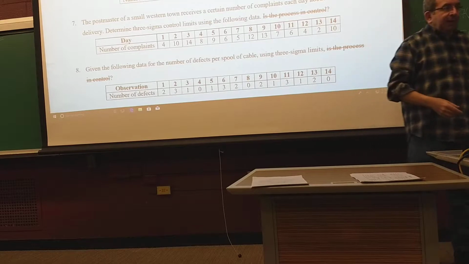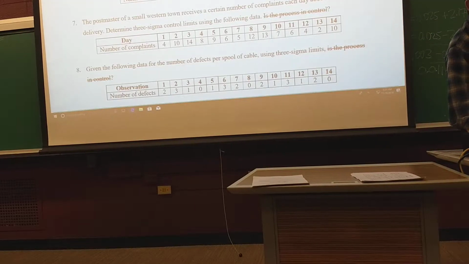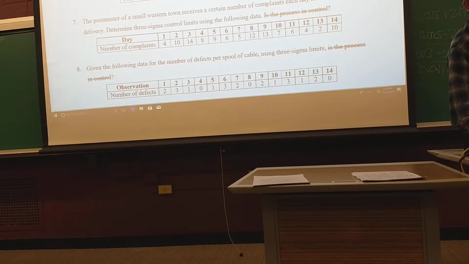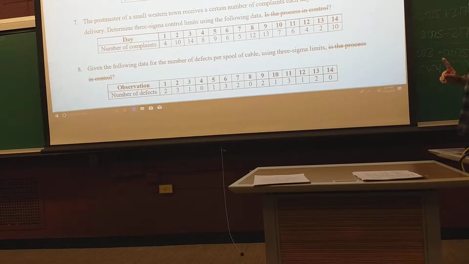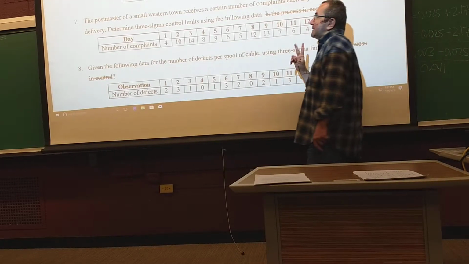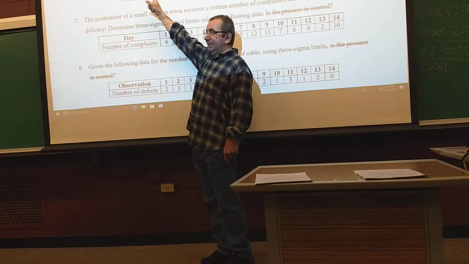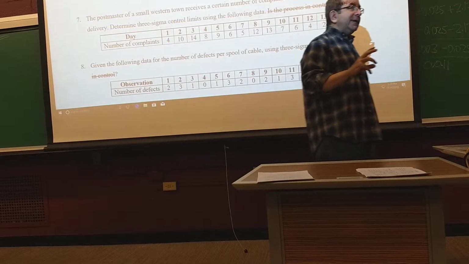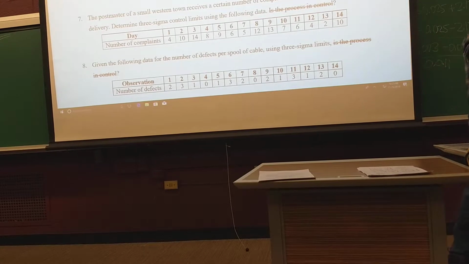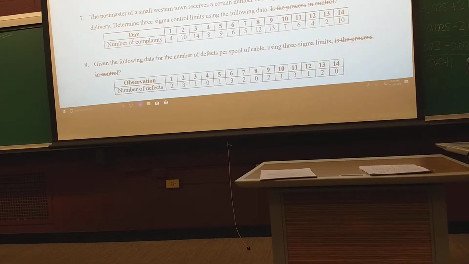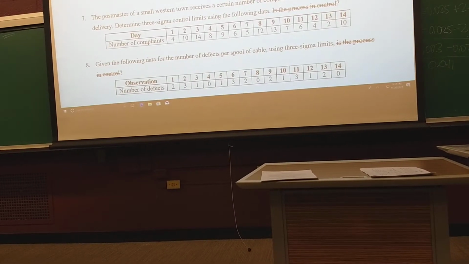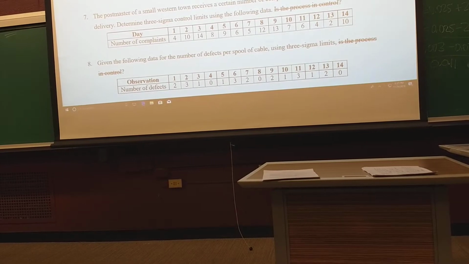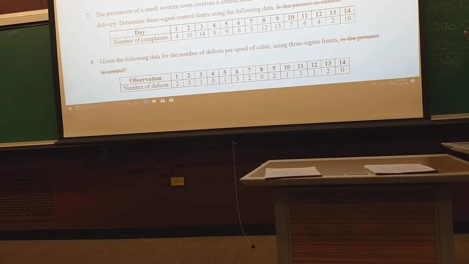And then we need to calculate Z. Fortunately, the question says 2 sigma. Whenever you see 2 sigma, it means Z equals 2. If you see 3 sigma, that means Z equals 3.